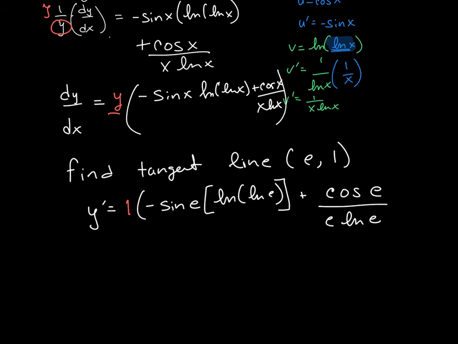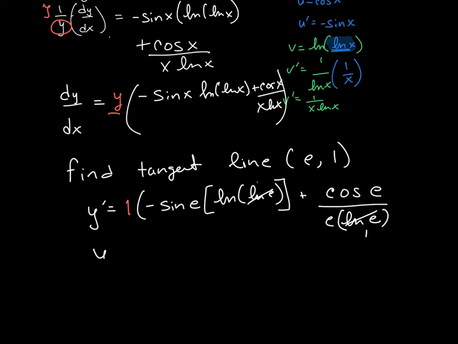And this is where we get to be very happy that it's the ln of e, because the natural log of e is just equal to 1. So the natural log of e there is equal to 1. The natural log of e there is equal to 1.